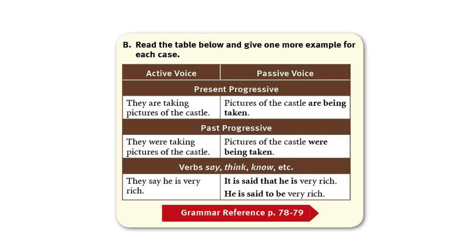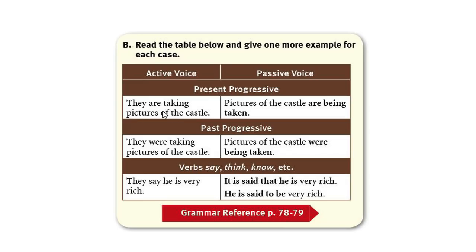B. Read the table below and give one more example for each case. اقرأ الجدول التالي وأعطي مثال آخر. Active voice المبني للمعلوم. Passive voice المبني للمجهول. في الزمن present progressive المضارع المستمر.